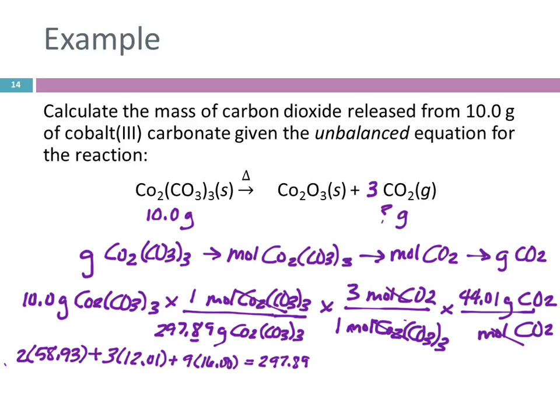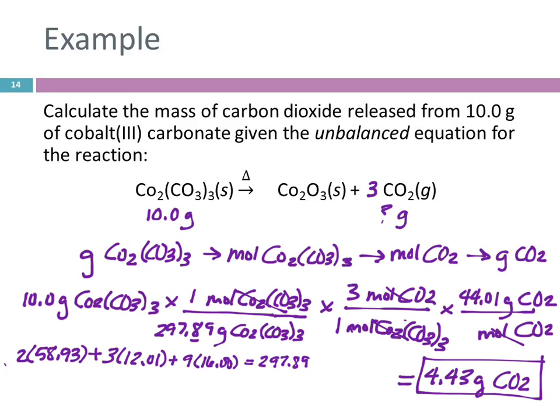Mass of carbon plus 2 times the mass of oxygen comes out to 44.01. 10 divided by 297.89 times 3 times 44.01. This is going to equal 4.43 grams of CO2.